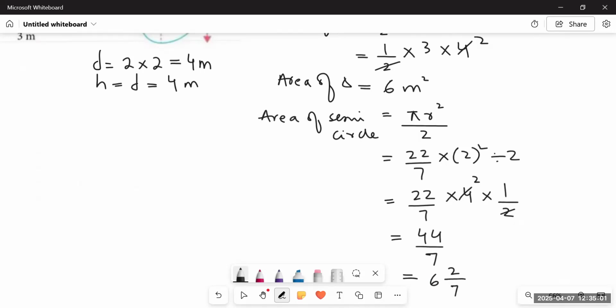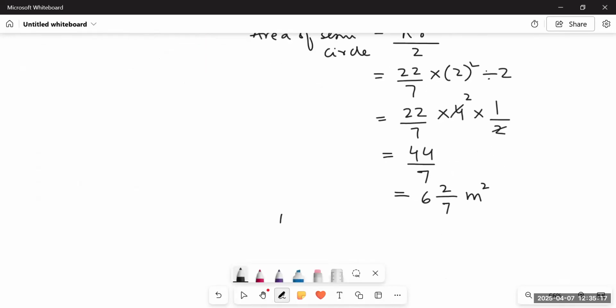So this would be the area of the semicircle. Or you can write it as 6.3 after rounding it off. So the area of the semicircle is 6.3 meters square, right?